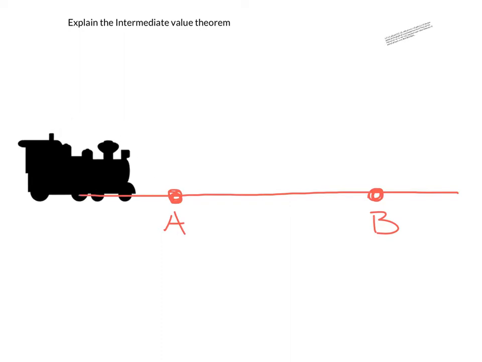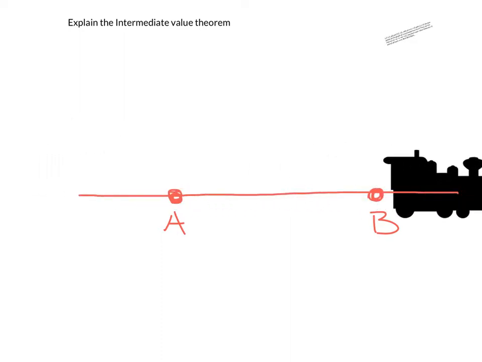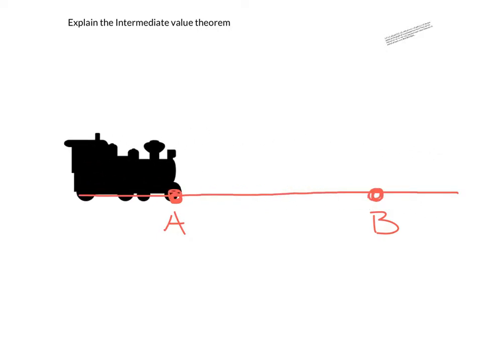Let's take this adorable choo-choo train, and let's say that this is our x-axis, and we have a point here and here. Well, let's say at point A that this train is moving at, I don't know, let's say 40 miles per hour.